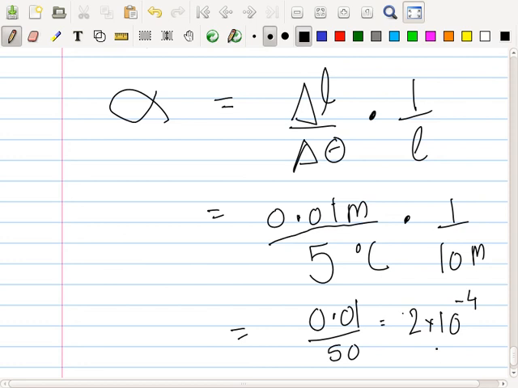Yeah, I was right. Now, let's suppose that it's 10 meters, I heat it by 5 degrees, but it gets 4 centimeters bigger. Please calculate now. Well, it should just be 8 here, shouldn't it? Yeah.